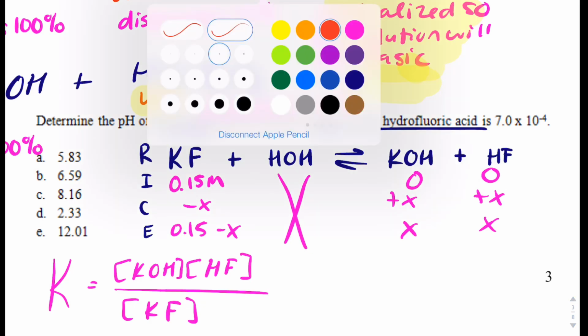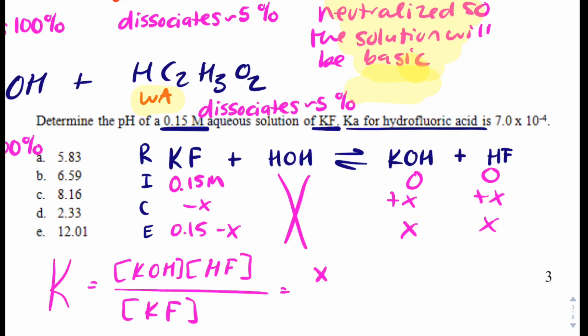This is going to end up equaling x squared divided by 0.15 minus x. And I've purposefully not labeled K. K has got to be Kb because we're producing hydroxide. So this is where a problem can get tricky. They give you Ka, but because we produced hydroxide, I always want something to start over here on my RICE table.